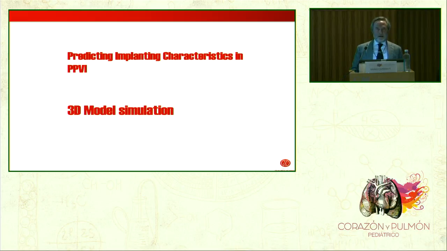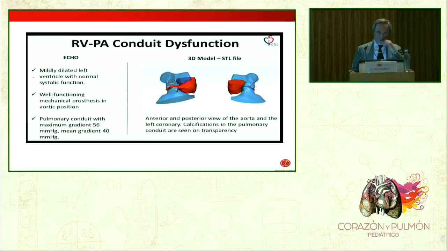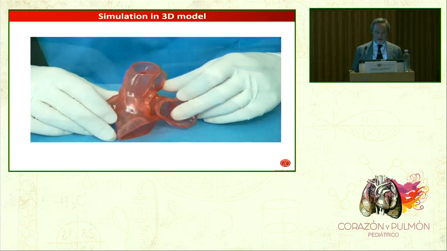Another step forward is to print the 3D model and simulate the procedure in that patient. This is an example of a right ventricular to pulmonary artery conduit dysfunction, candidate for percutaneous pulmonary valve implantation. We acquired from CT the STL file from a Materialise model, the 3D model, and we printed it.